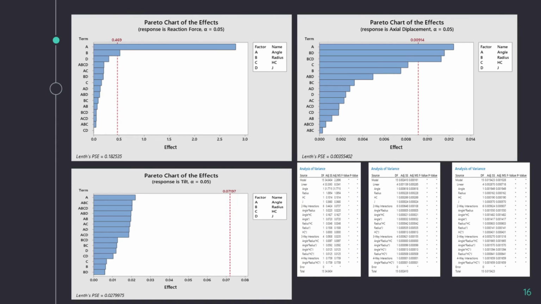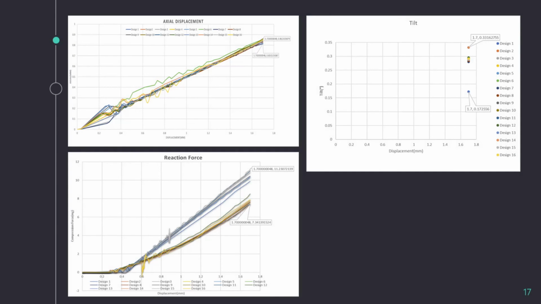We also have ANOVA, or analysis of variance, for each property to check the impact and the influence of some parameters on the haptic. This is the entire displayed data graph with axial displacement, tilt, and reaction force for the 16 designs, including the highest and lowest points of the data measured. From the graphs, we may discover the lowest point of reaction force, axial displacement, and tilt, as the design may alter from graph to graph.